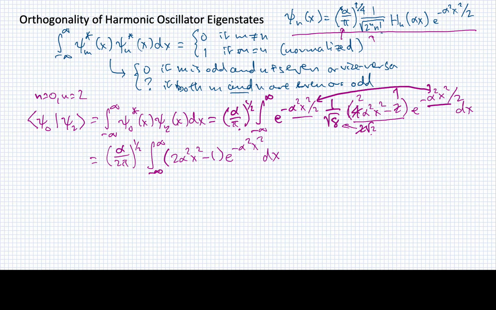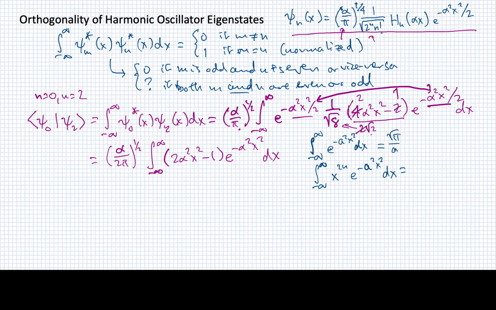Okay, now I can make my life a little simpler by looking stuff up in an integrals table, and I'll find that, for example, for a general Gaussian integral of the form e to the minus a squared x squared dx from minus infinity to infinity, the result will be the square root of pi divided by a. And similarly, if I were to do this integral with x to the 2n, so in other words an even power of x, times e to the minus a squared x squared dx, what I would get in this case would be the following.